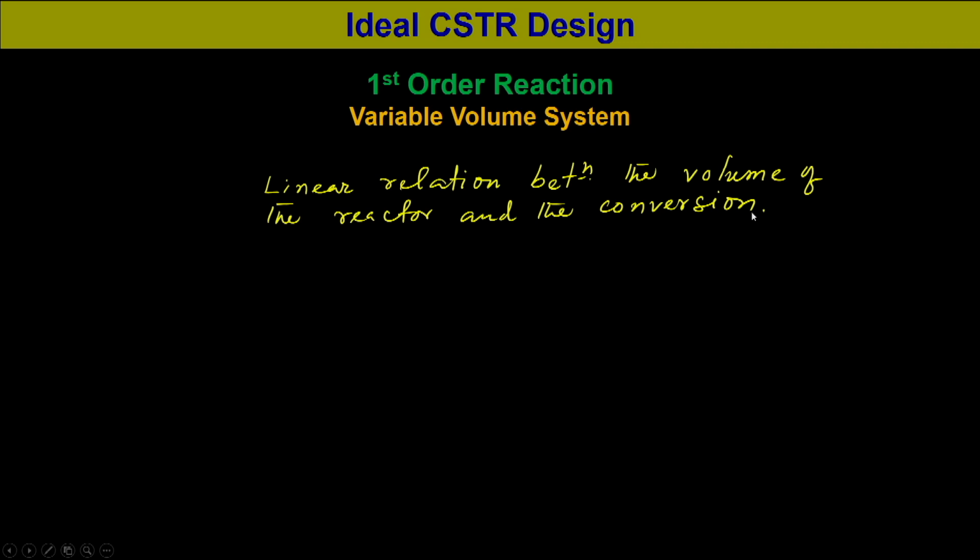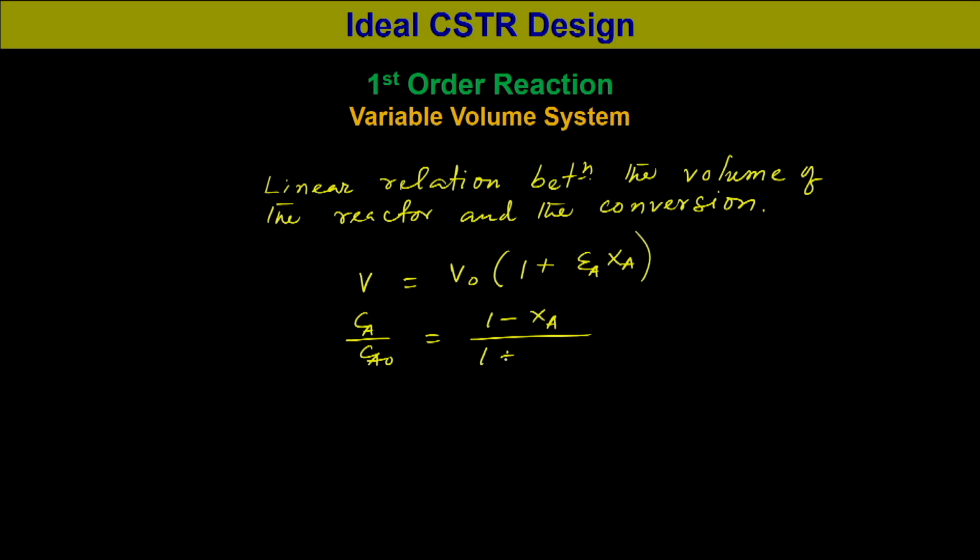So, we can write V is equal to V naught into 1 plus epsilon A x A, or Ca by Ca naught is equal to 1 minus x A divided by 1 plus epsilon A x A.